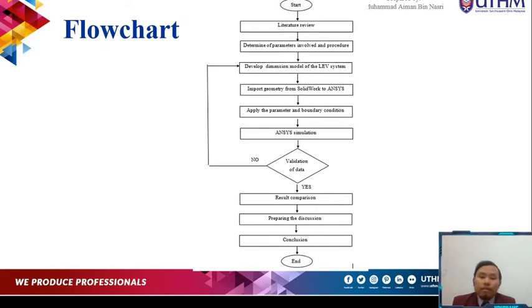Next, we import geometry from SolidWorks to ANSYS Fluent, and then we apply the parameters and the boundary conditions of a filter in the ANSYS, and then we simulate the project in the ANSYS simulation, and then we validate the data, compare the results, and prepare the discussion and conclusion.